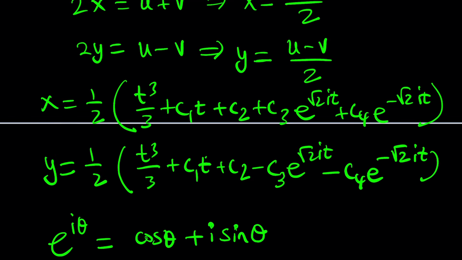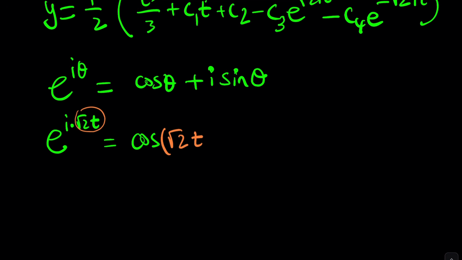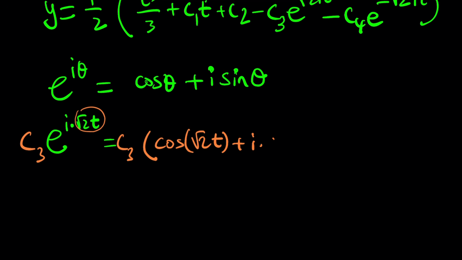In this case, it's multiplied by c3, so you're going to have a c3 here: c3 times cosine of root 2t plus i times sine of root 2t.